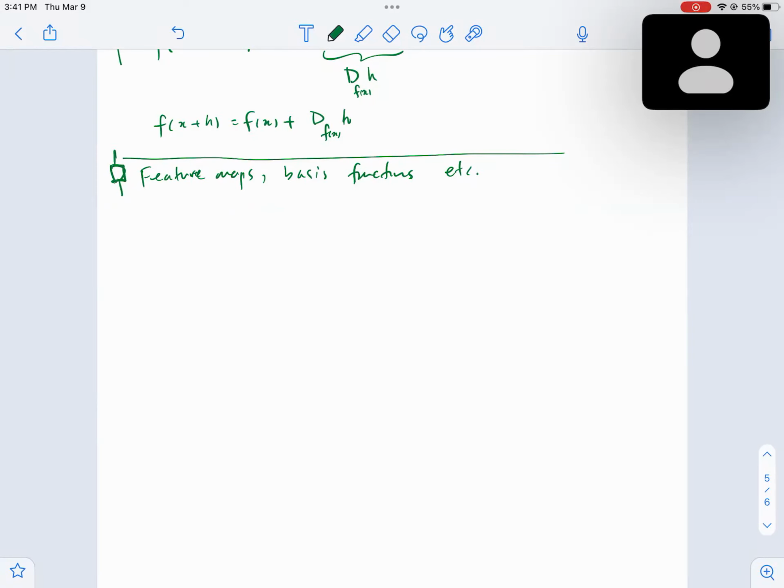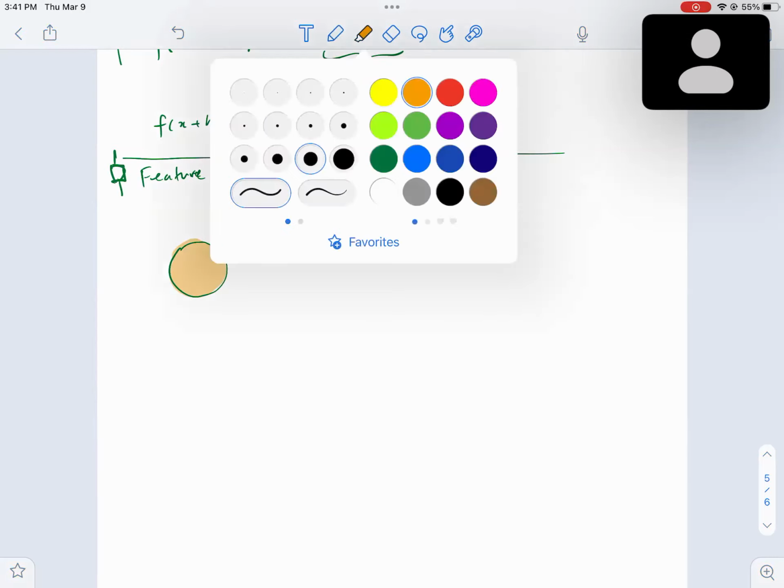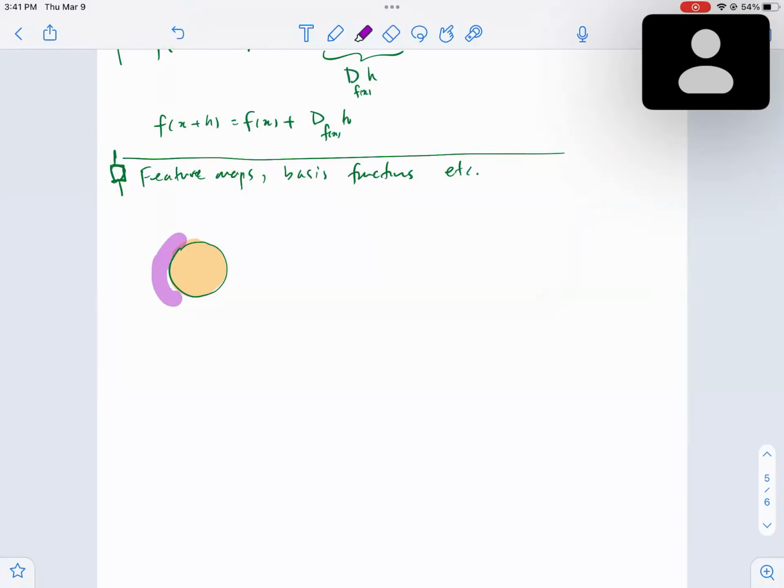Let's say I have this idea that maybe my classification problem has a nonlinear boundary. Inside the circle is one class, outside is another class. We have seen that logistic regression cannot approximate something like that well. So this is class 1, this is class 0.